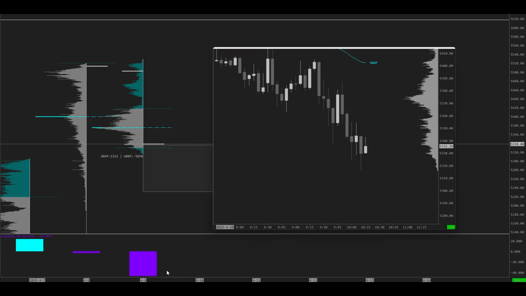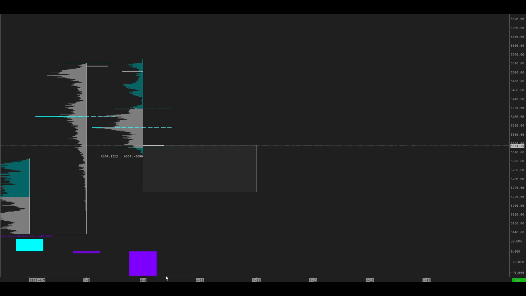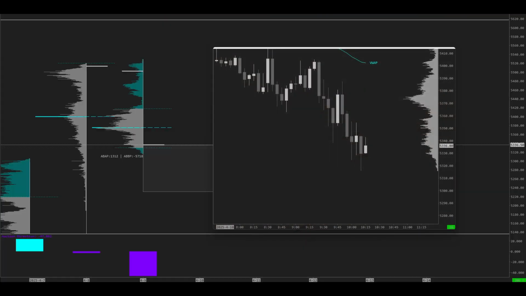Bearish imbalance should be a little bigger now than it was. Let's see. There we go. I lost it for a moment.